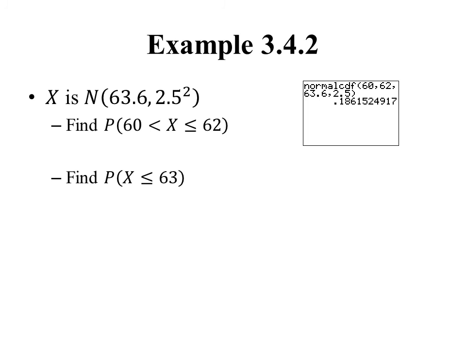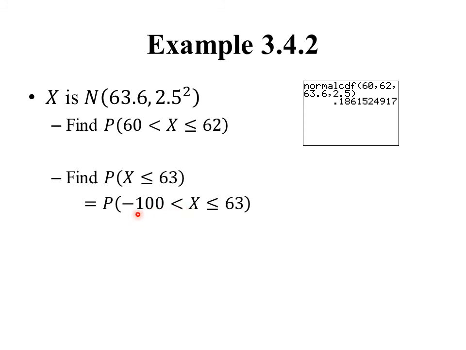Let's do another example. Let's suppose that we wanted to calculate the probability that x is less than 63. Now this is not a calculation that we did in this example, but let's just do this to illustrate a point. Notice that here in this probability we only have an upper bound on x, we don't have a lower bound. And so in order to use our calculator we need a lower bound. So here's what we're going to do. We're going to put a really small number as a lower bound.